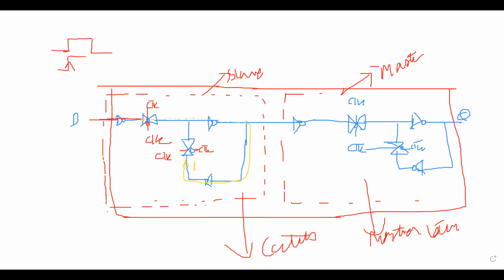So when the clock is 0, my data is being stored in this slave configuration. This is the minimum amount of time we need so that our data is being captured.